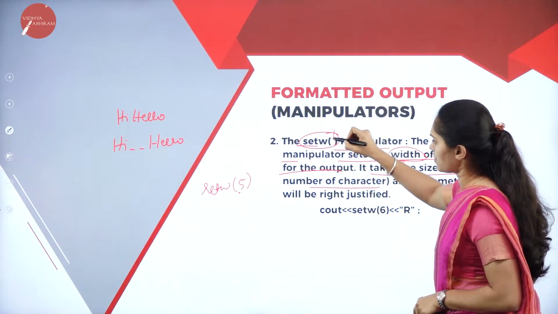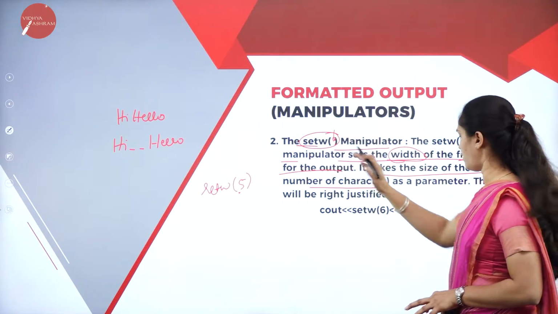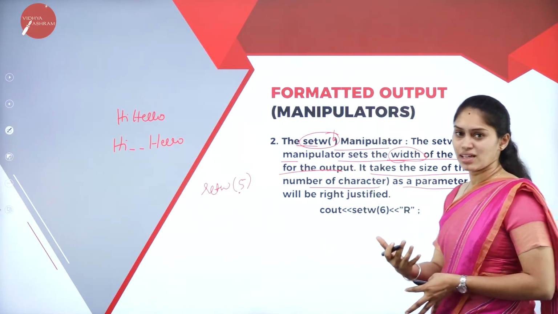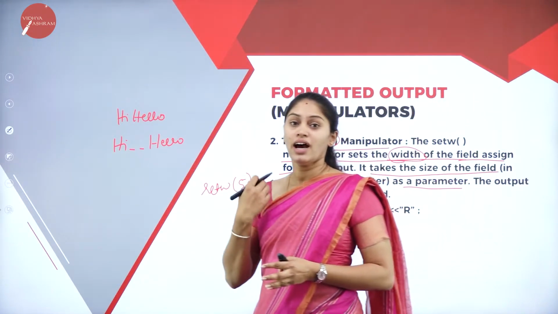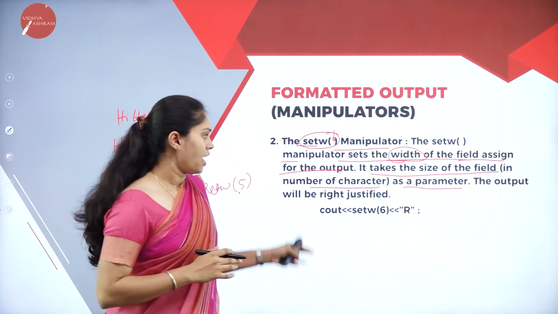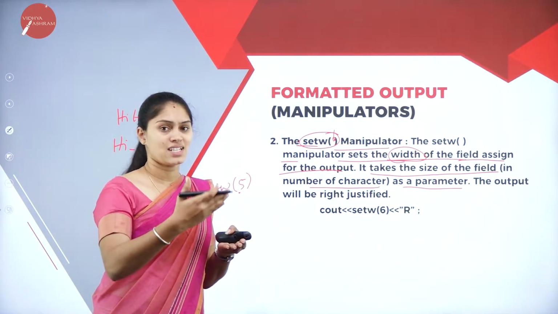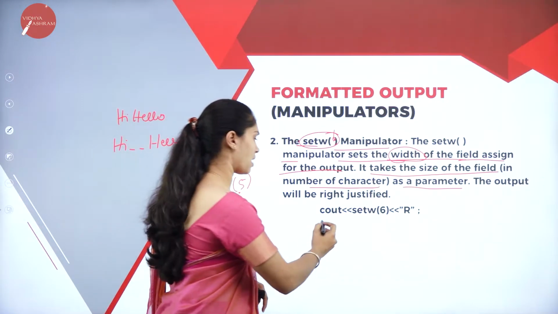So it takes the size of the field in the number of characters. Here we have to specify the size of the field as the parameter. We are going to send that as an argument to the function, and the output will be right justified. Let me show you an example.